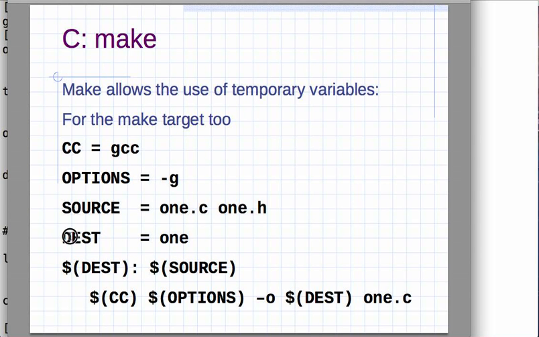So you can say destination is 1, and now you've got these variables basically everywhere. You made the list of source files a variable. There it is. So this is just like saying 1: 1.c, 1.h. And here, this is GCC, this is -g, and this is the destination.